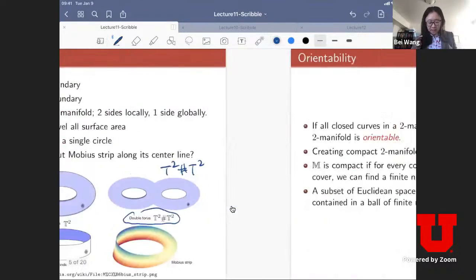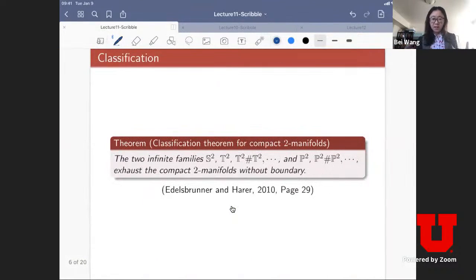The classification theorem says that for all compact two-manifolds without boundary, there are essentially two families of them. Those two families are constructed from basic units of orientable two-manifolds and non-orientable two-manifolds. One comes from the sphere and then sums of tori.